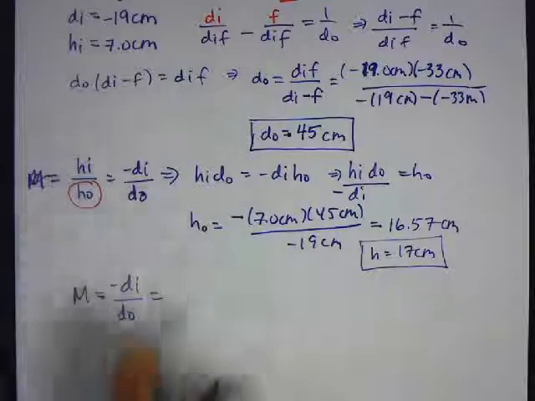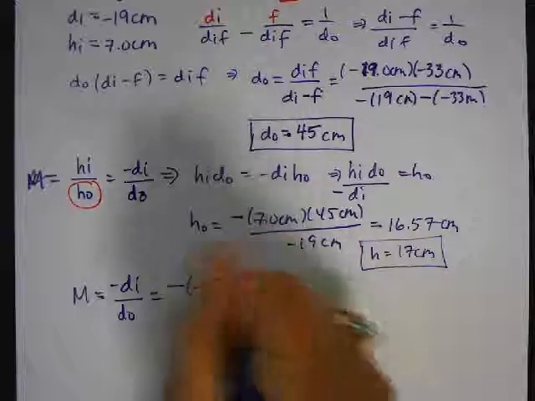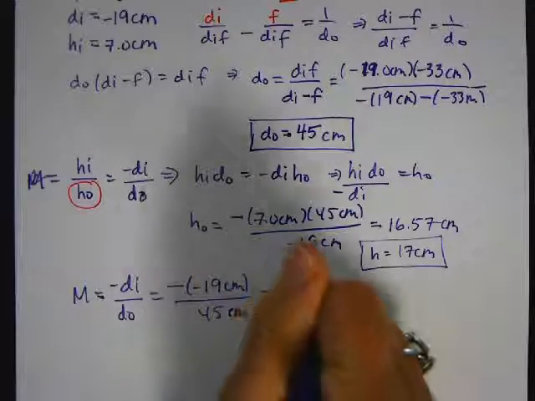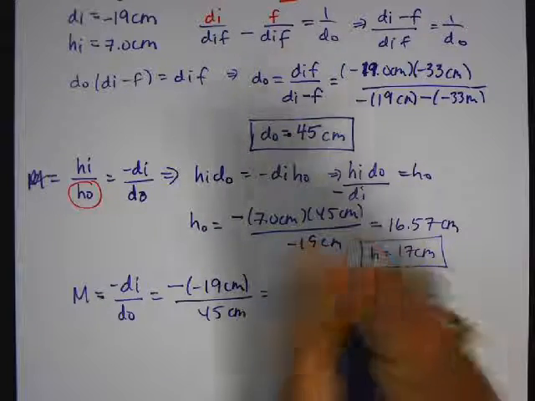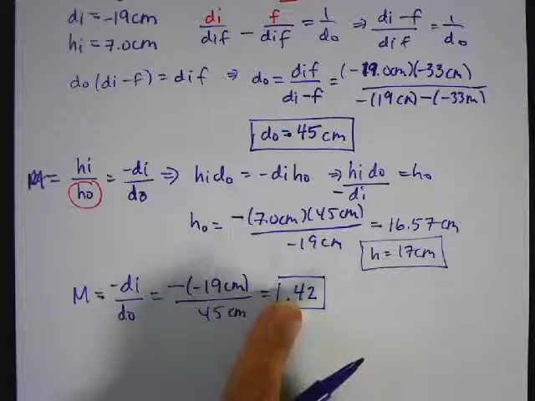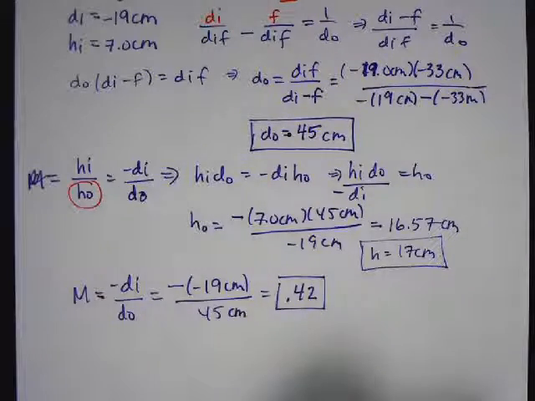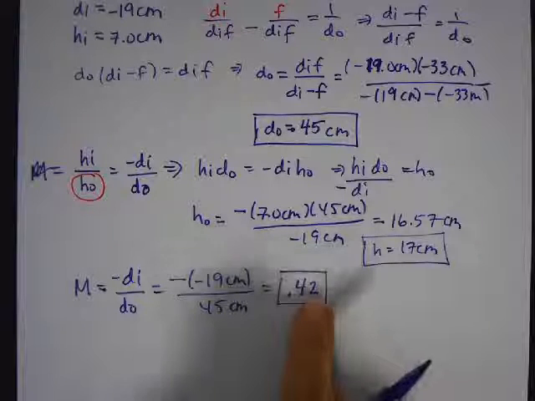So m is going to be negative 19 over 45, so my magnification is going to be 0.42. The negative times a negative is a positive. Magnification is how much larger or smaller the image is than the original. If you ever buy a small mirror to look in, they'll say the magnification of the mirror is, so that's what magnification is.